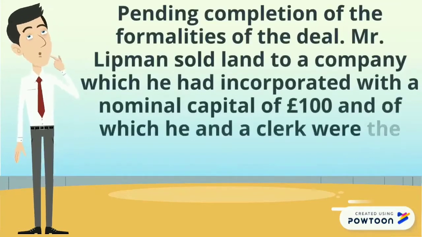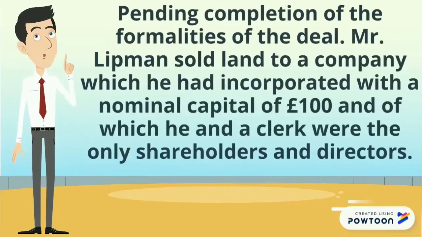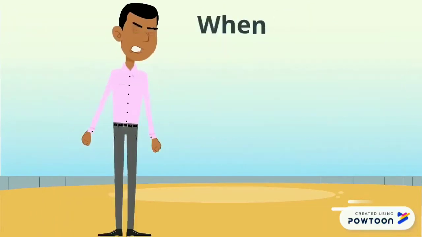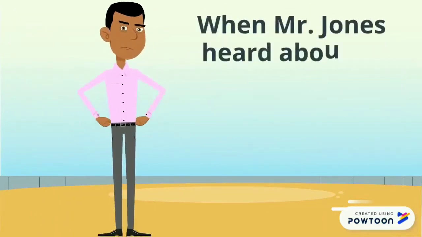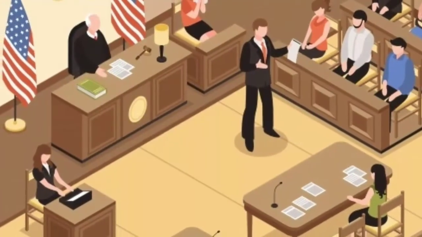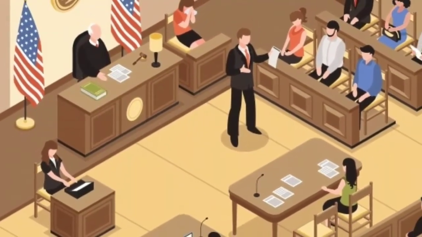At that time he started a company. He is the owner and director of the company and sold the land to the company, because the company is a separate legal entity. Mr. Johns filed a case in court, and the court judged that the corporate veil is lifted on Lipman, and Johns got the land.